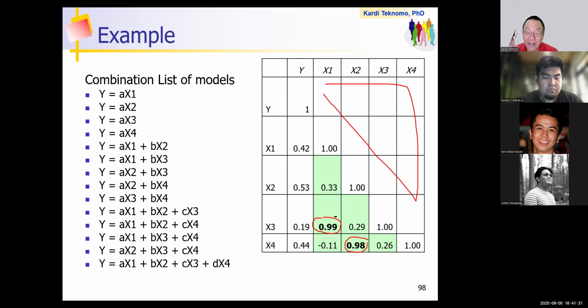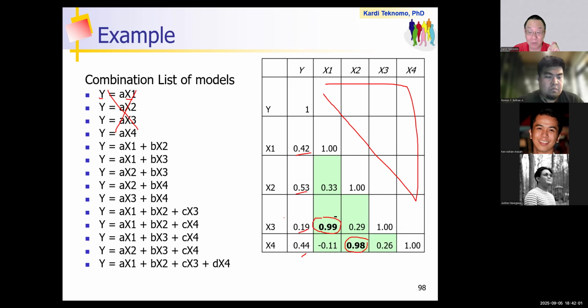Between X cannot have high correlation. Can you get it? So this one, X and Y, the correlation is very low, right? In that case, we don't use this because the correlation is low between input and output.